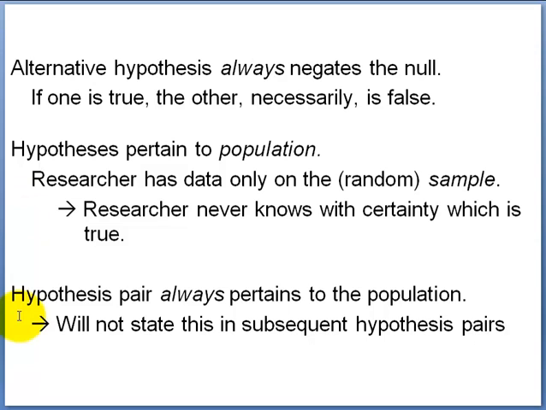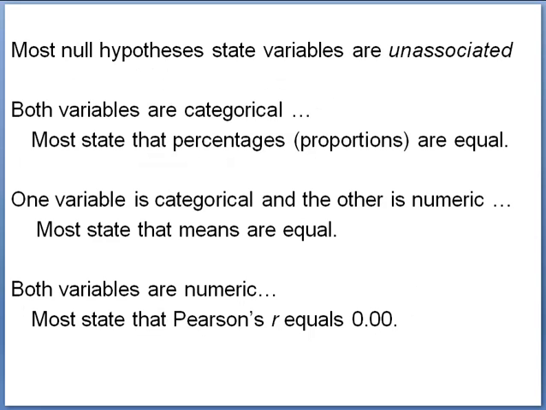Hypothesis pairs always pertain to populations, and so for simplicity, I'm not going to state that this is the case in most of the hypothesis pairs that I present from this point forward. I don't bother to state this because it's always the case. Now, in the interest of pragmatism, I'm going to make some generalizations.